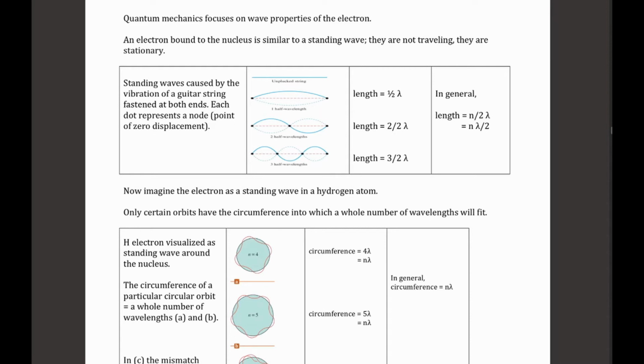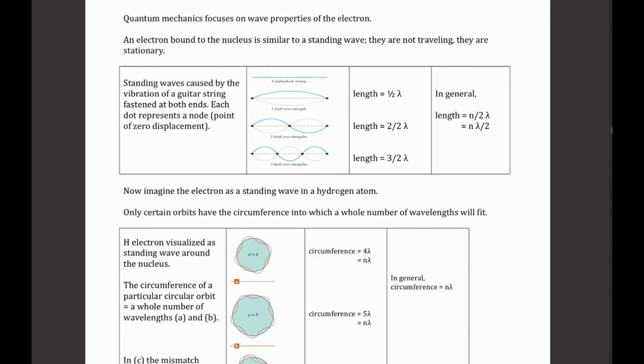If, on the other hand, we pluck it at the quarter point, we get the second picture down, the 2/2 wavelengths, as it goes back and forth, back and forth. That is, the length of the string is equal to 1 wavelength, or we could say 2/2 wavelengths.